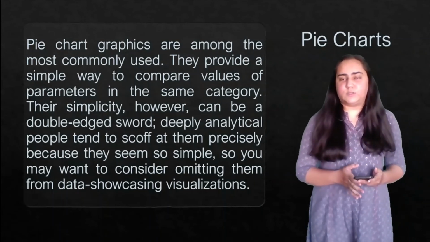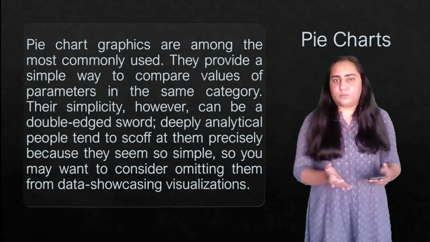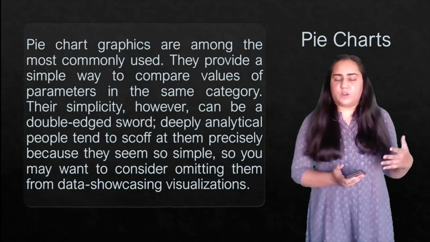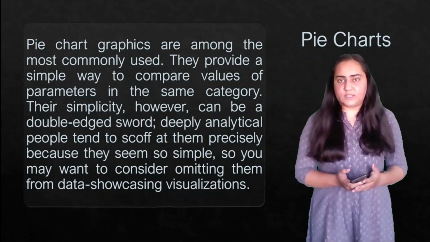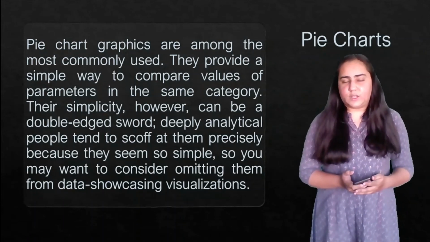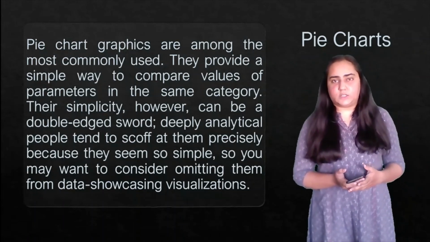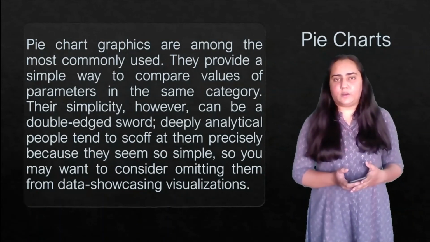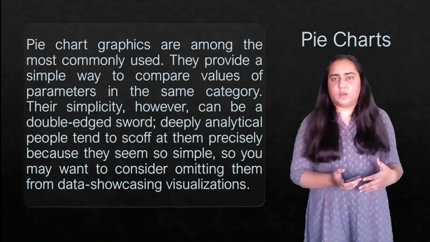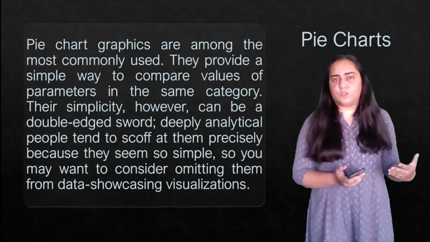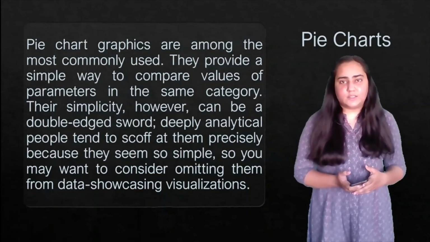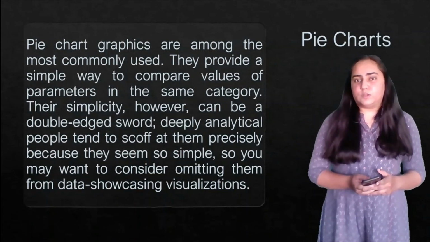Because pie charts are so simple and humble, you don't really want to use them if you are showing a visualization for a highly analytical audience. Then you might want to use something more sophisticated. But if it's an audience where people are not really worried about how good it looks, but they just want to see the data and understand it without going much into analysis, then you would use a pie chart.